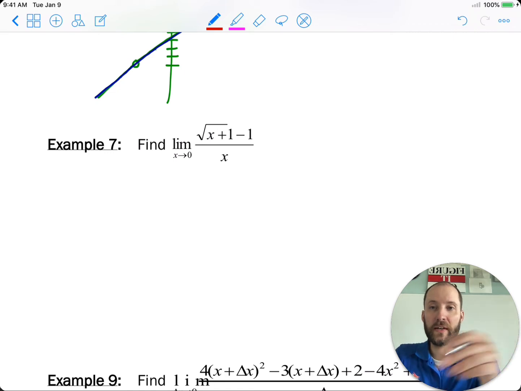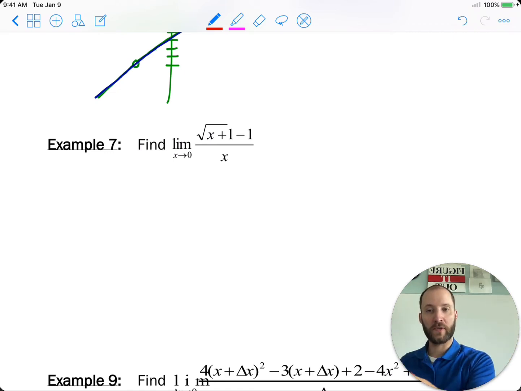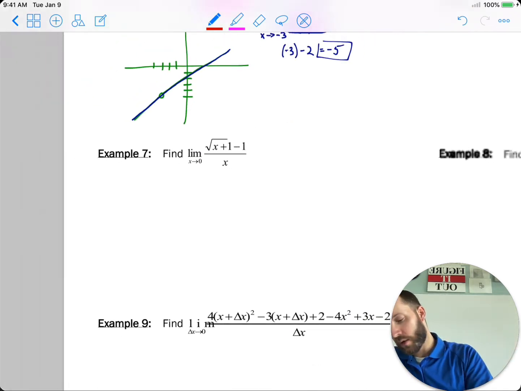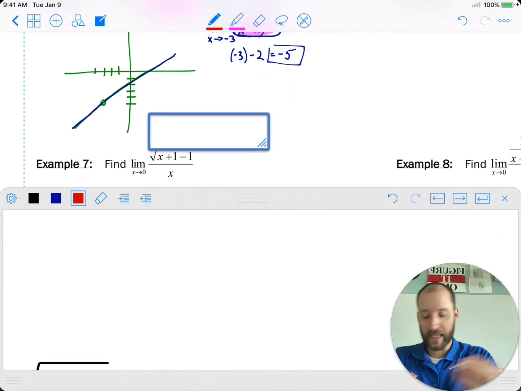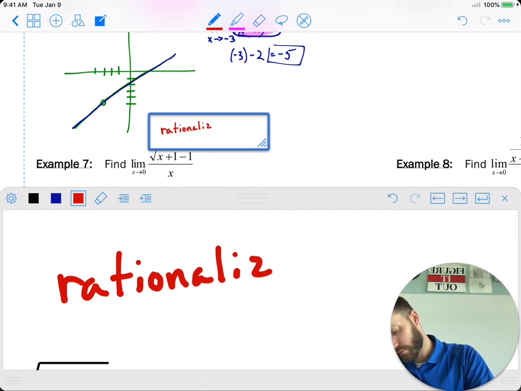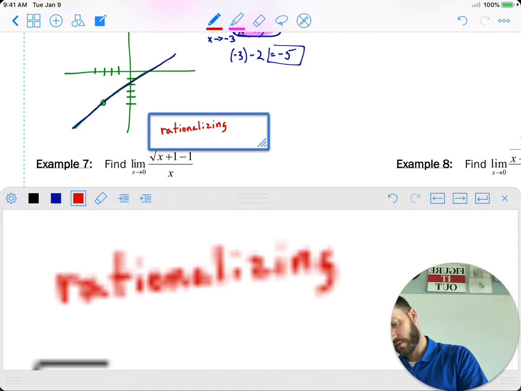Example 7: if you have a rational function with a square root and a plus or minus something else, we can do what's called the rationalizing method. This works with conjugate pairs.